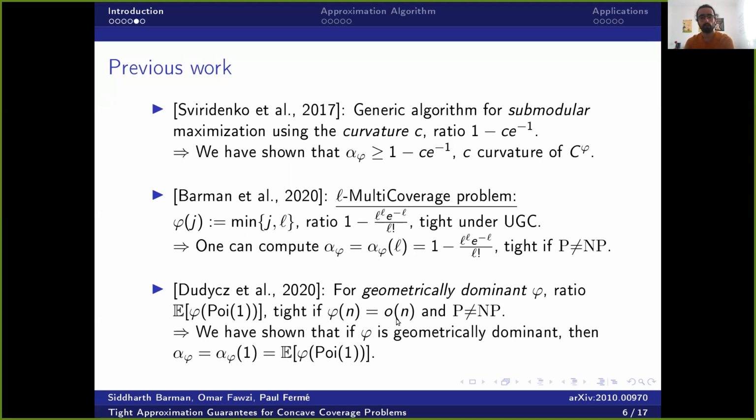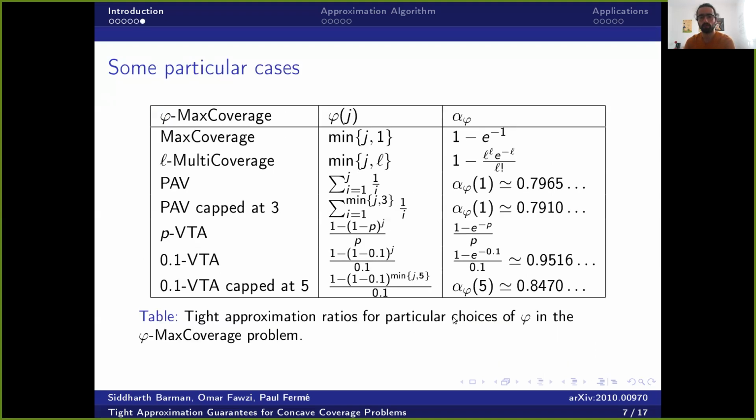And also, we have many other examples where these do not apply. For instance, let's look at this table. So we've summarized some particular cases of our problem. So the maximum coverage, the L multi-coverage. And next, this is called the PAV.